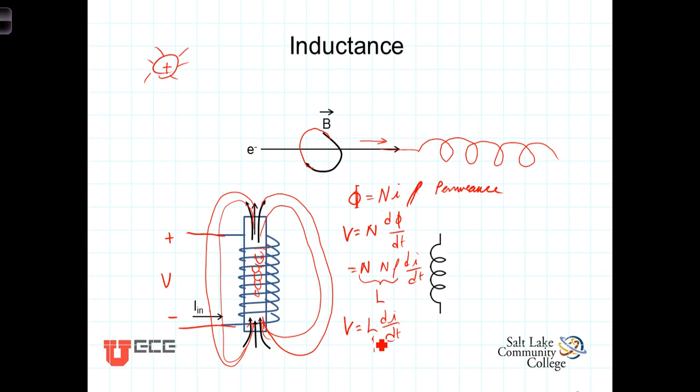And that proportionality constant, which is dependent upon the physical construction of the coil, is known as its inductance. Thus, this inductance quantity L is proportional to N squared. For each turn of the coil, you get a squaring effect on the inductance of that coil.